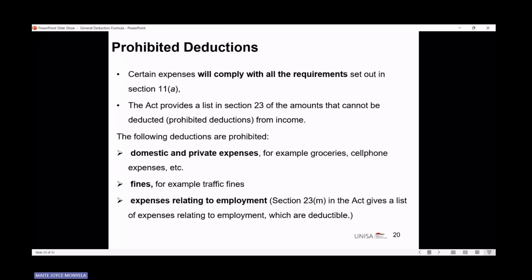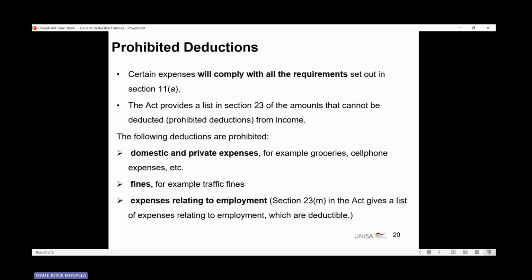The Act provides a list in Section 23 of amounts that cannot be deducted. Under Section 23, we have expenses which are not deductible for tax purposes. It is a prohibited deduction. When we say prohibited, we mean that it cannot be deducted.